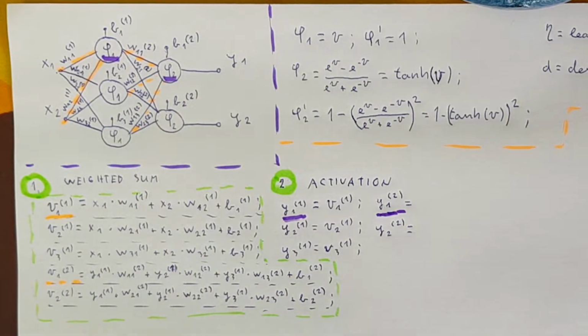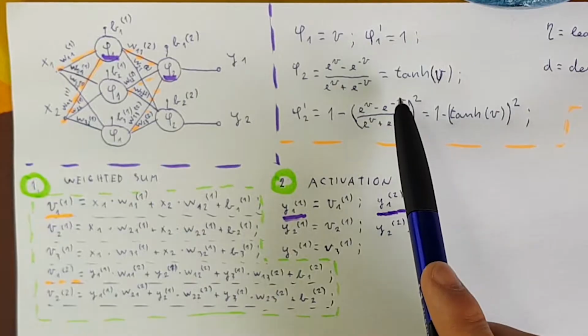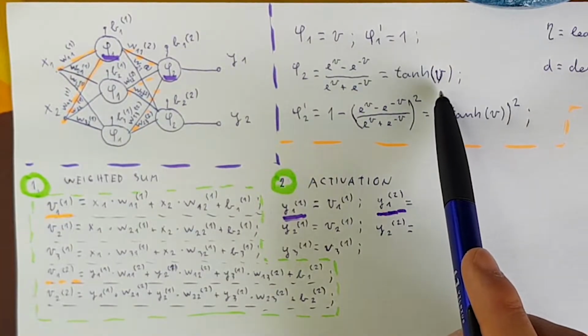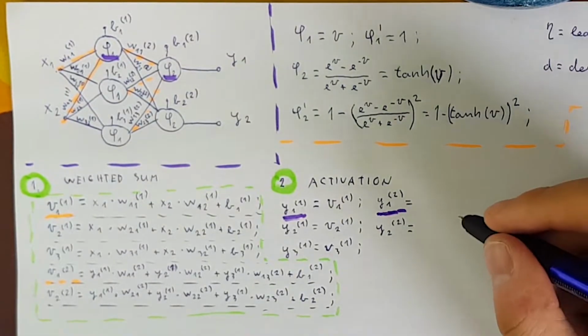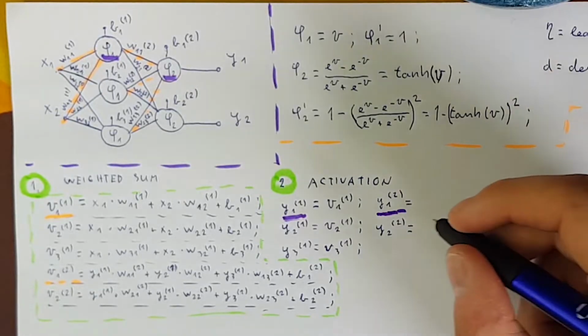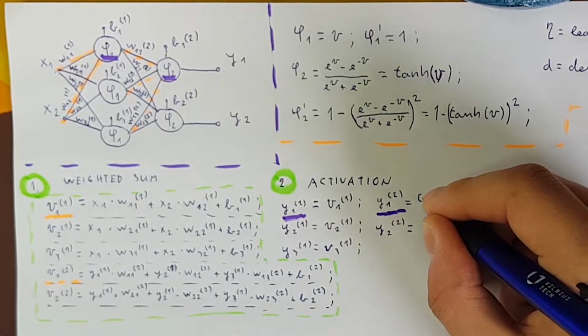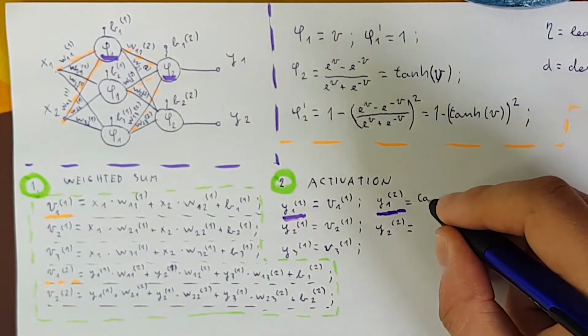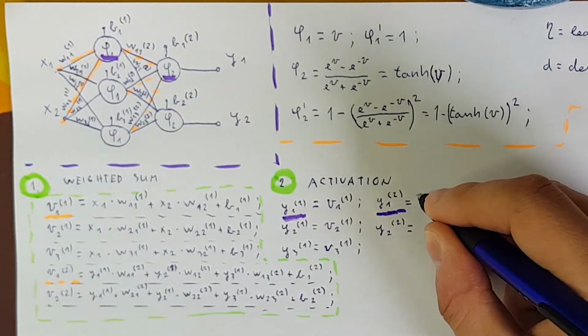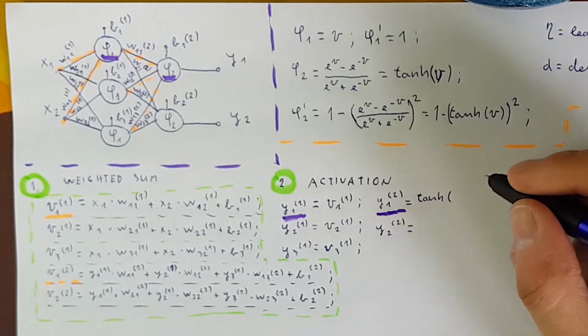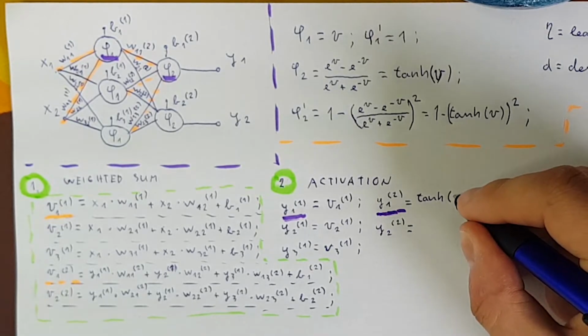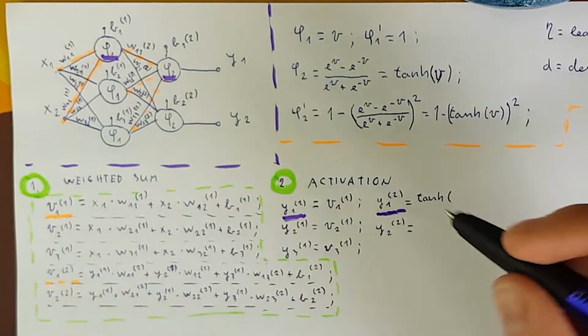And we already know that our second layer activation function is tanh from the weighted sum. So we write a simpler form than this, tanh from the weighted sum of the second layer neuron.